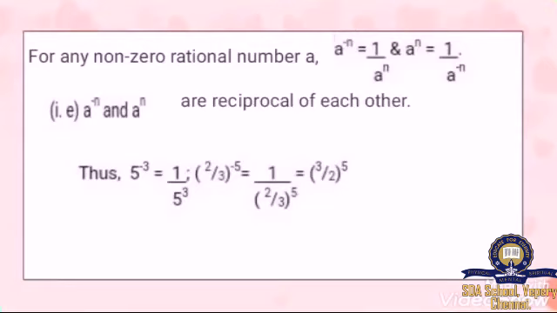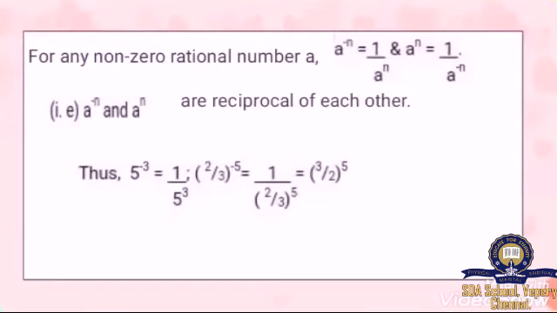So the numerator term becomes the denominator, and the power changes sign. The other one is a to the power n is equal to 1 divided by a raised to the power minus n.